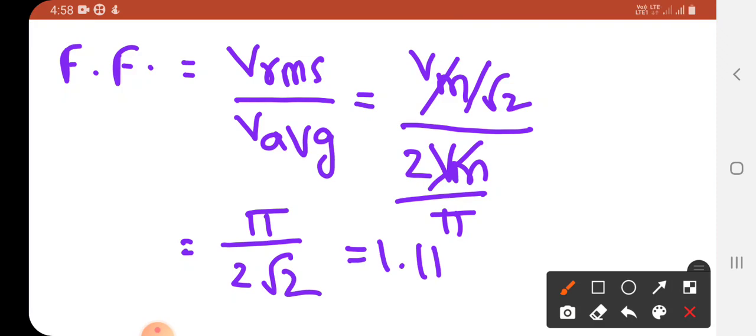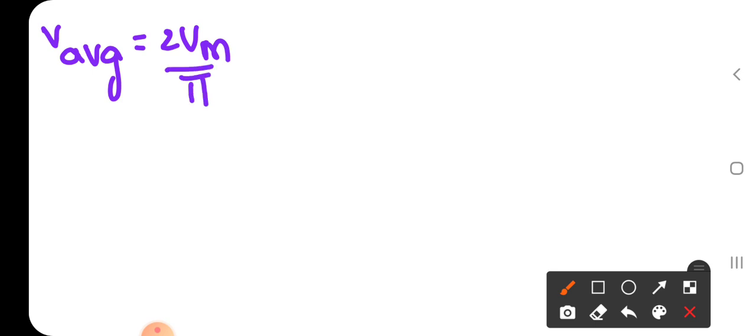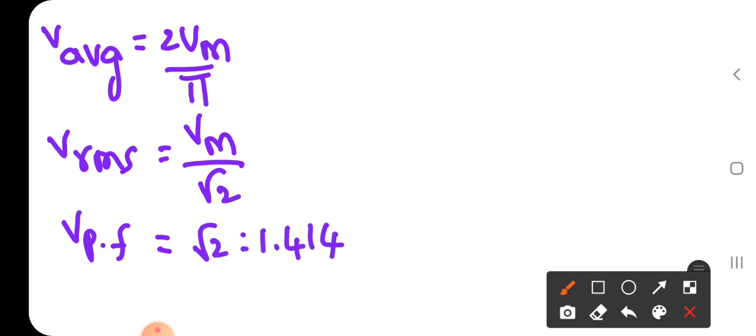So here, what are the results you get? V average is equal to 2 Vm by pi, V RMS is equal to Vm by root 2, and the peak factor is equal to root 2, which is 1.414, and the form factor is equal to 1.11.